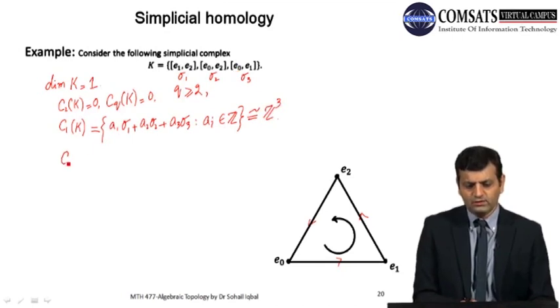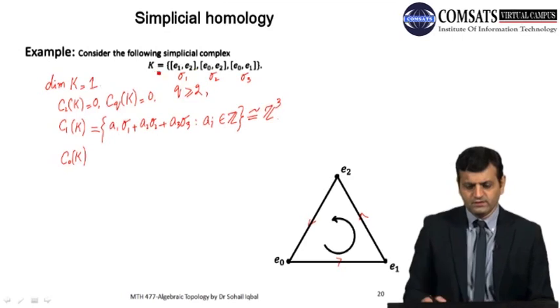So what about C0 of K? What are the 0-simplices in this simplicial complex K? The 0-simplices are E0, E1, E2. Of course this is a very rough notation, so it means that it also contains E1, E2, E0 as well.